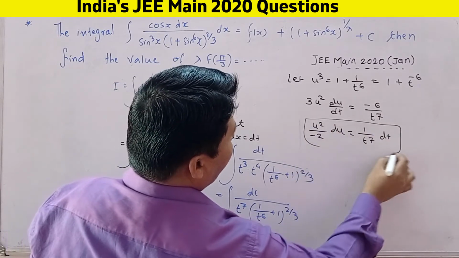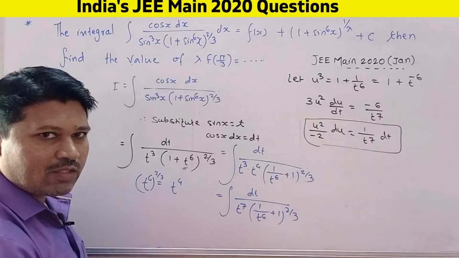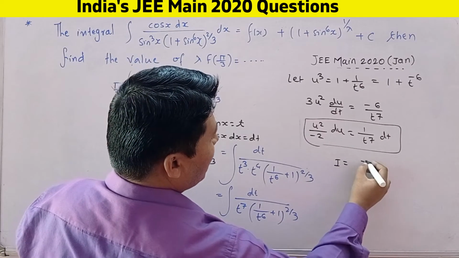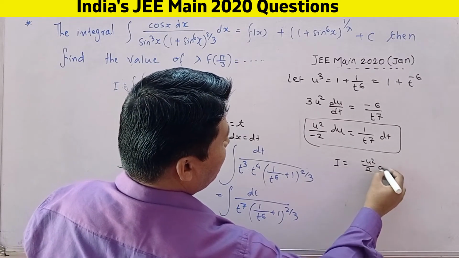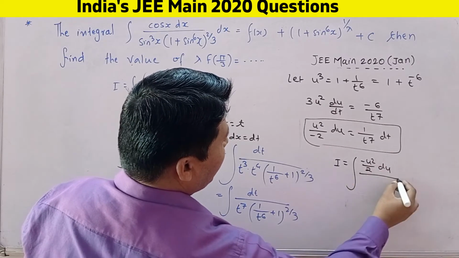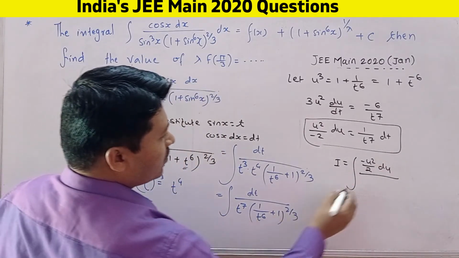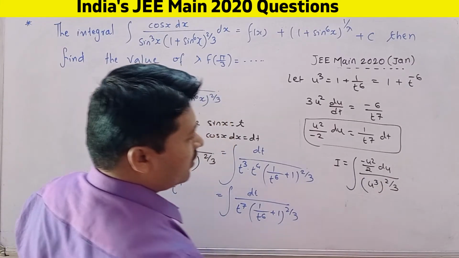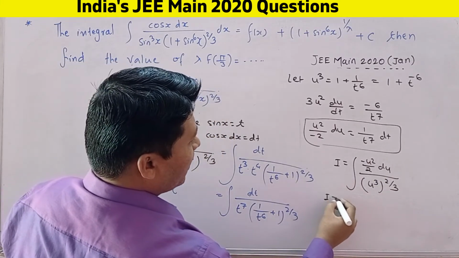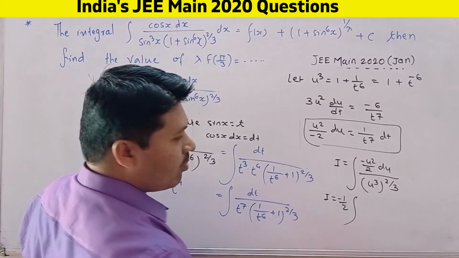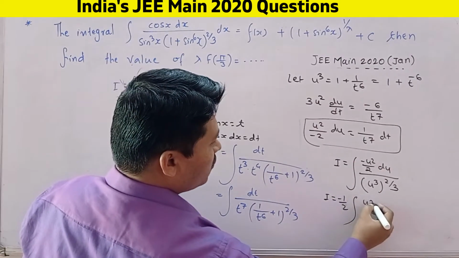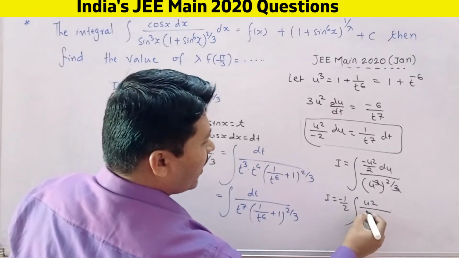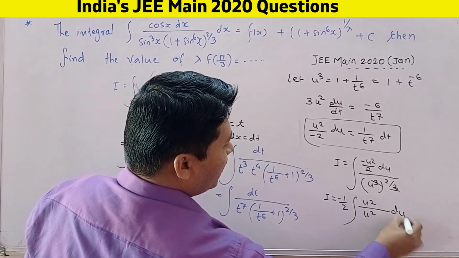This integration becomes I equal to this term, minus u squared divided by 2 du, divided by this term also, u cubed, raised to the power 2 by 3. Simplifying, minus 1 by 2 is the common term, and u squared; the 3 cancels and we get u squared and du.